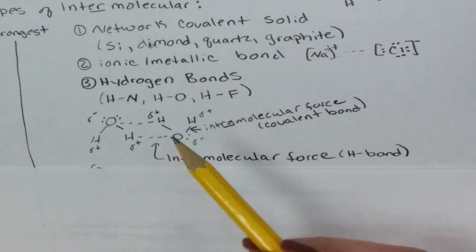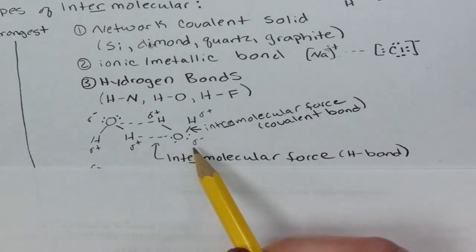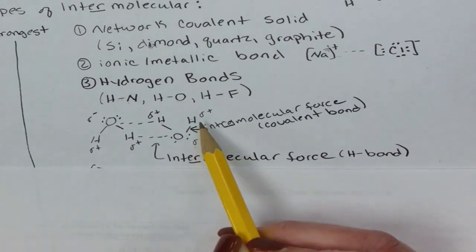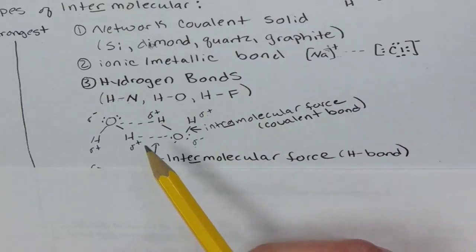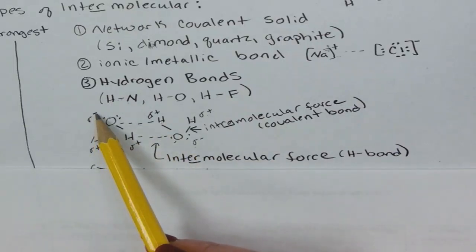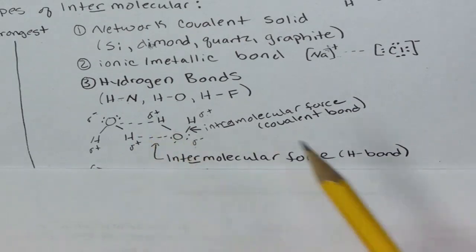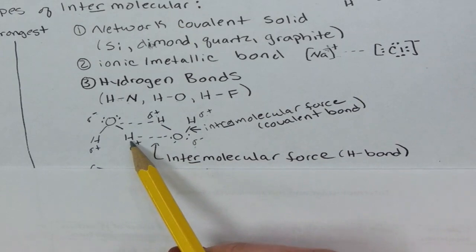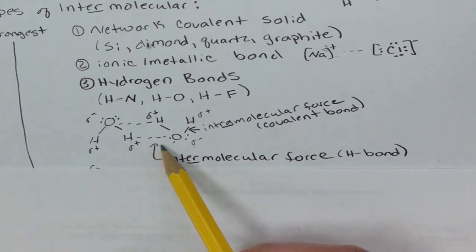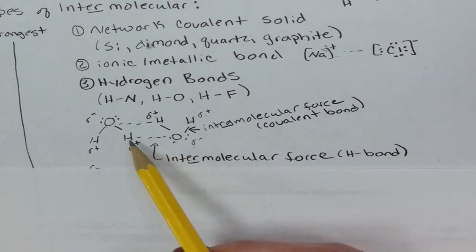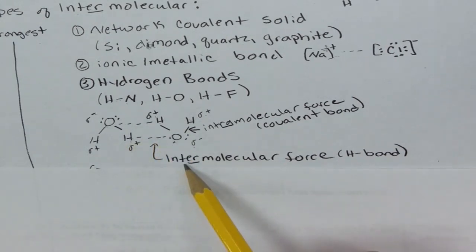Now remember, water is polar, so the oxygen has a partial negative and the hydrogen has a partial positive. So the partial negative of the oxygen is attracted to the partial positive of the hydrogen. This attraction between the partial positive of the hydrogen and the partial negative of the oxygen, that is the hydrogen bond, which is an intermolecular force.